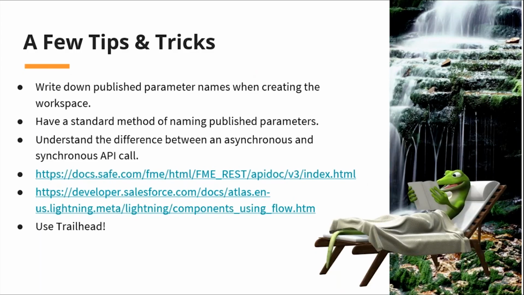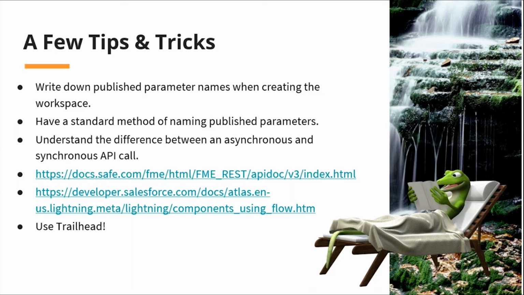So there's a couple of tips and tricks. Write down your published parameters when you're creating your workspace. It's very important that you have them exactly the same, and you're going to have to write them inside the Salesforce flow so that Salesforce knows what parameters to send to the API.